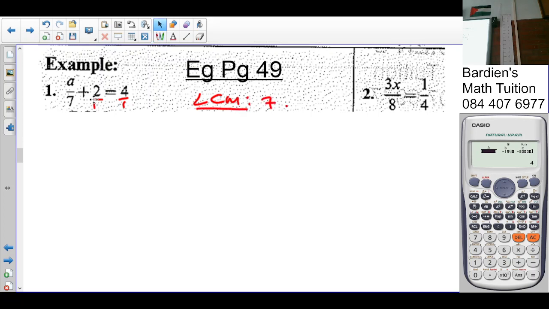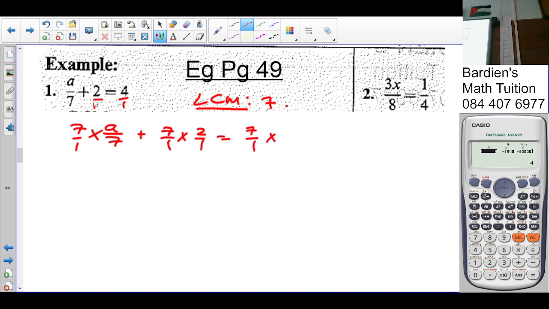So what we do is we multiply each fraction by 7. So that's going to be a over 7 multiplied by 7 over 1. 7 over 1 must be multiplied by 2 over 1. 7 over 1 must be multiplied by 4 over 1. Why do I put it over 1? Because that's your whole number. You all okay with that? Any confusion?